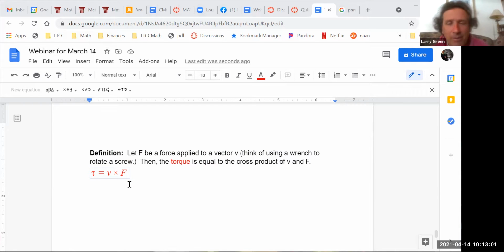But it's really important in physics, in engineering, because torque is important, not just because you're going to use a wrench, but where else might you care about torque? Whenever you need a balance, that could be. And in particular, in structural engineering, you want to be able to handle a certain amount of torque so you don't break something.